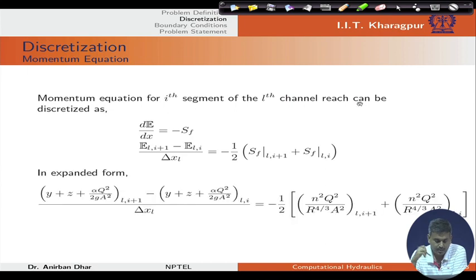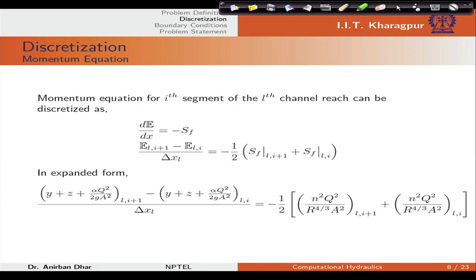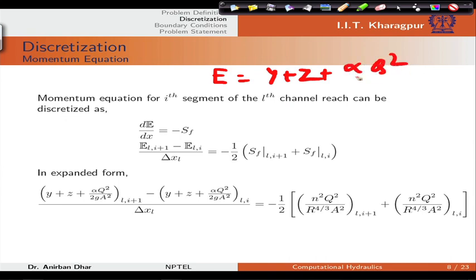So, further we can expand this. The expansion is done by putting E equals y plus z plus alpha Q square by 2 g A square.